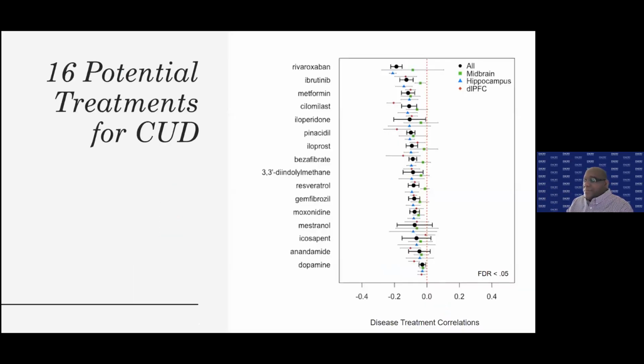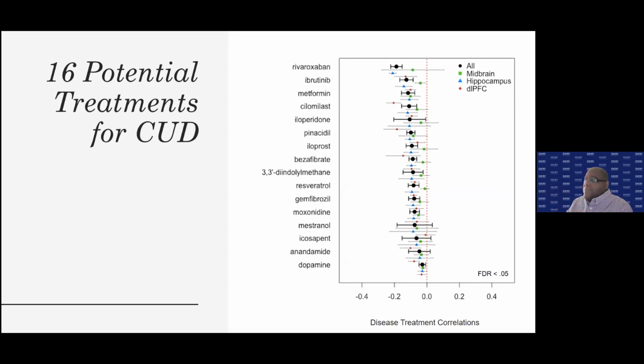From this analysis, we found about 16 treatments that significantly counteracted the RNA neurobiology associated with cocaine use disorder. I'm not showing it here, but we also have evidence about compounds that went the other direction.